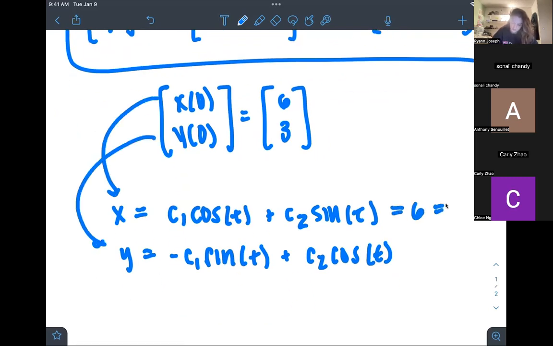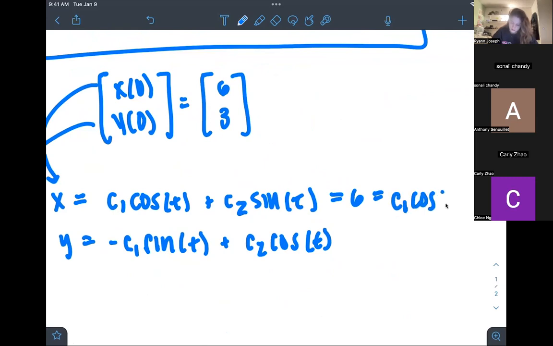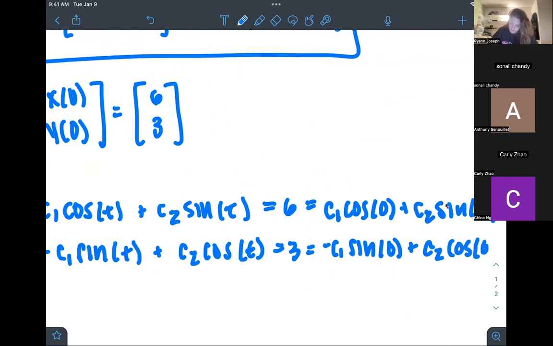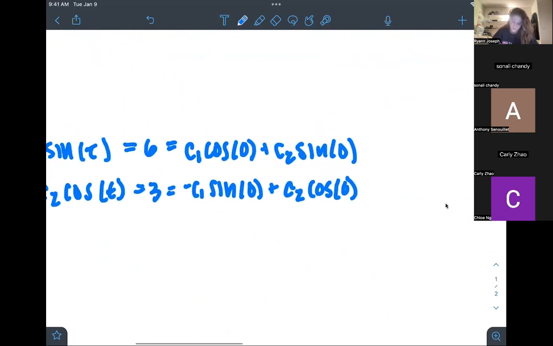So 6 is equal to c1 cosine of 0 plus c2 sine of 0, plus 3 is negative c1 sine of 0 plus c2 cosine of 0, which tells us this goes to 0, this goes to 0, c1 is equal to 6, and c2 is equal to 3.